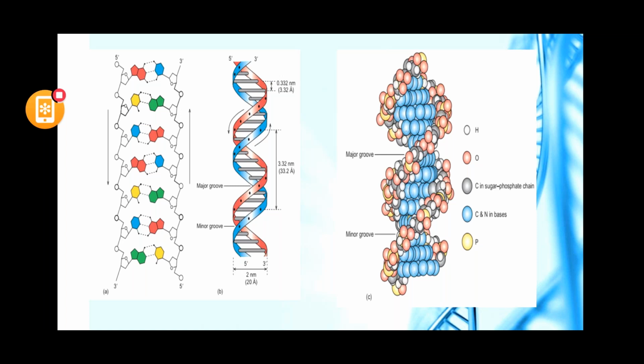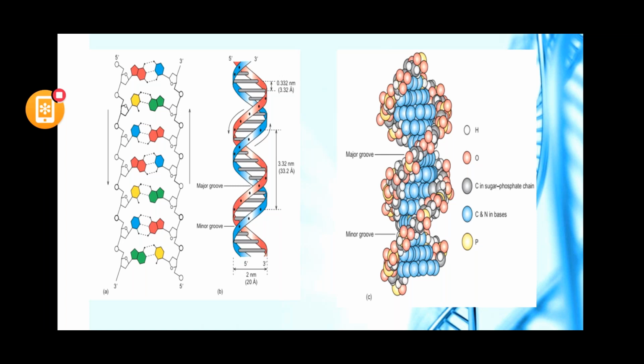Okay, now in figure B you can see the diameter of the helix at the bottom, it's 20 angstrom. This is the B form of DNA. The diameter of the B form of DNA, which was postulated by Watson and Crick, is 20 angstrom.